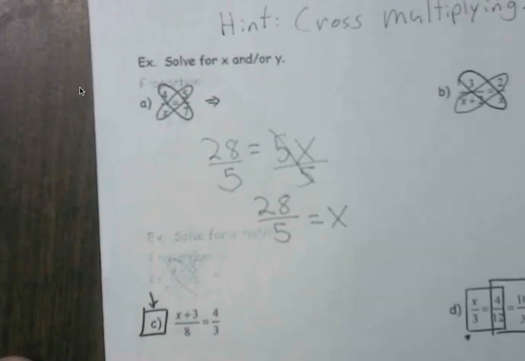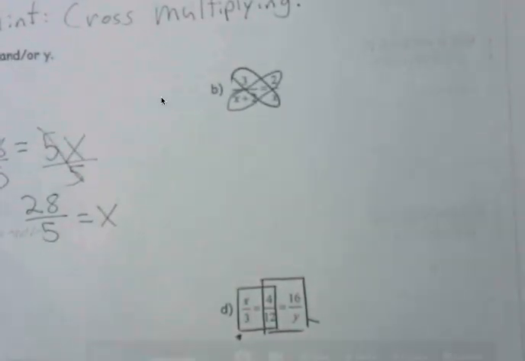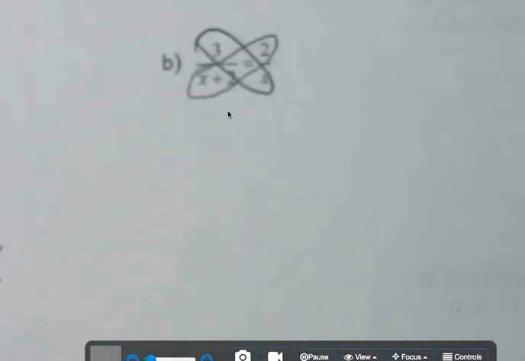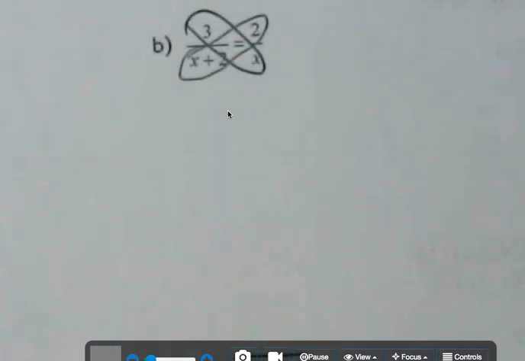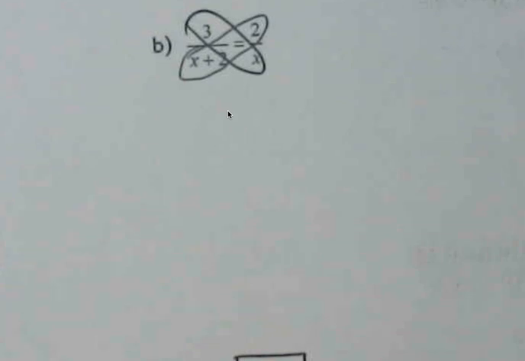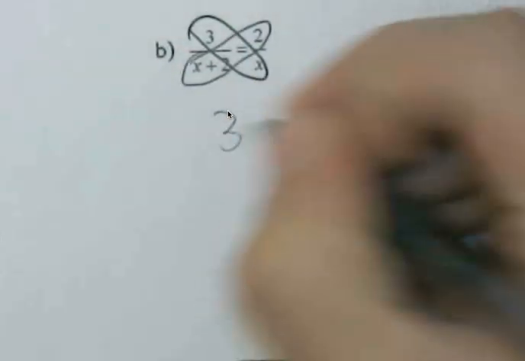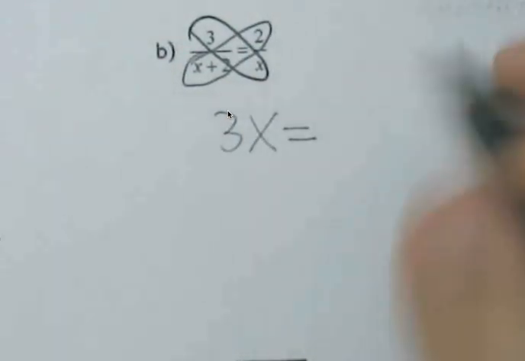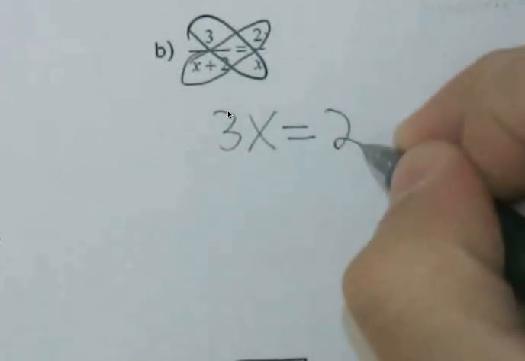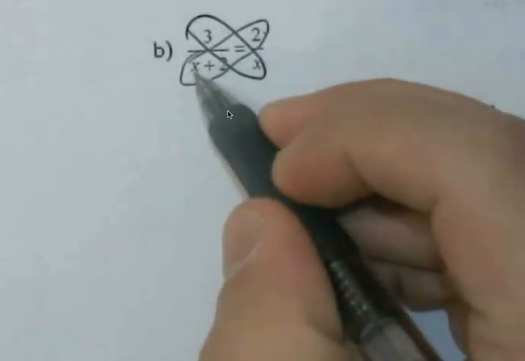Pretty simple with that. As we hype up our denominators a little bit more, we can take the product of 3 and x, so 3x. This is now equal to the product of 2 with now x plus 2.